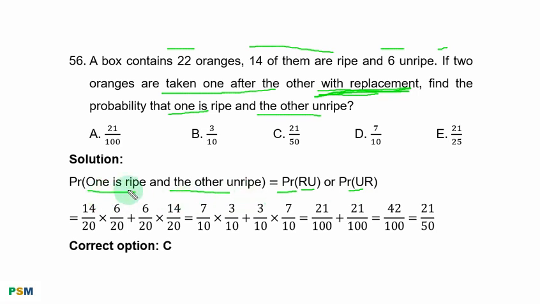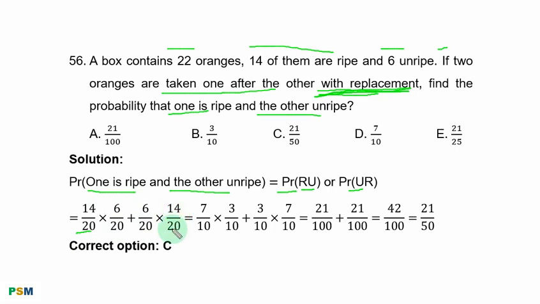Ripe oranges, they are 14 over 20 times unripe 6 over 20. With replacement, the total is not affected. Plus unripe 6 over 20 times ripe 14 over 20.